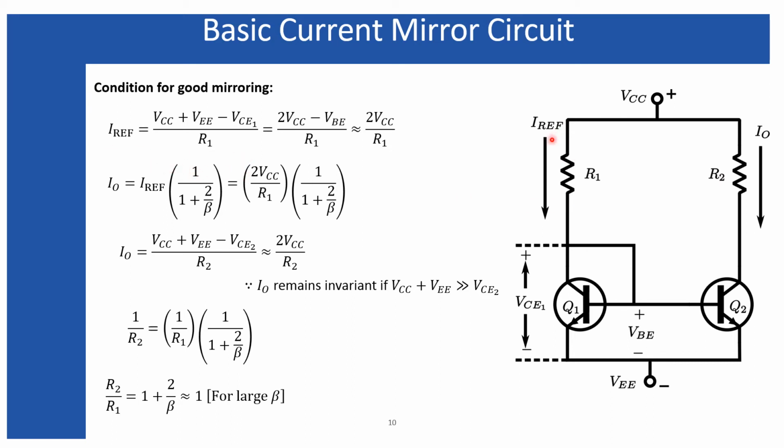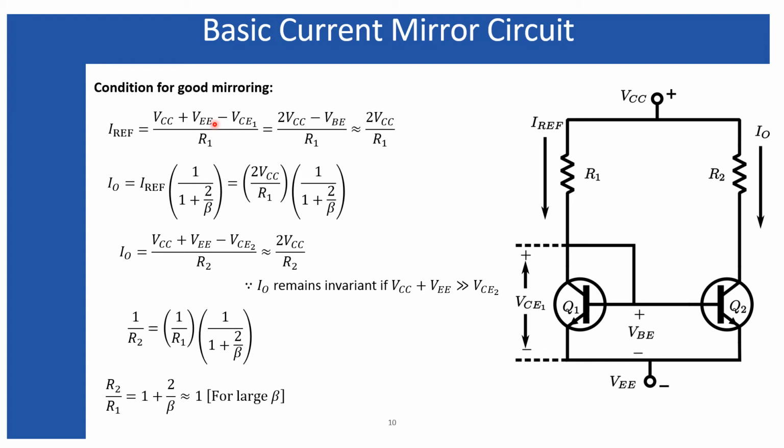Iref can easily be found by applying KVL around this loop, starting from plus VCC, the voltage drop across R1 which is Iref times R1, plus VCE1, plus the negative supply, which is minus VEE, and that completes the loop on the left hand side. From here we can easily obtain the expression for Iref, which I have replaced over here.